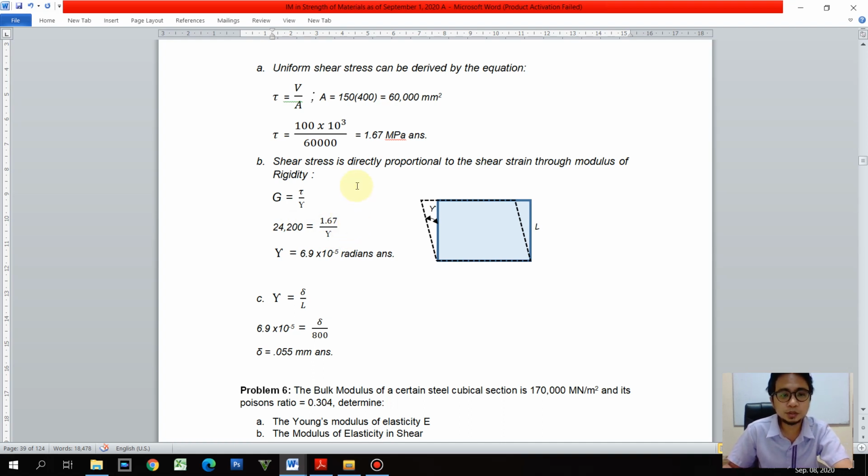Just substitute in this formula K, or the bulk modulus is equal to stress all over this one. So we will have the 340 megapascal stress for this, basing from the bulk modulus and the volumetric strain.